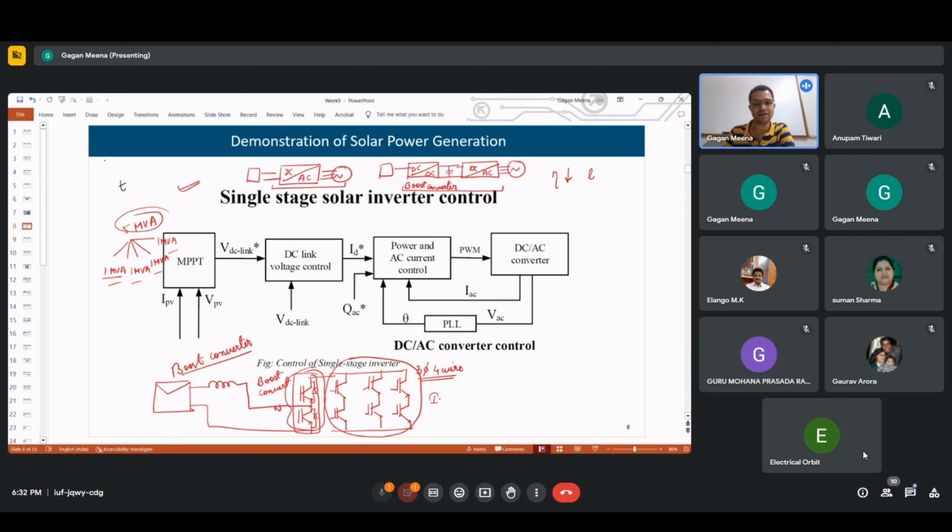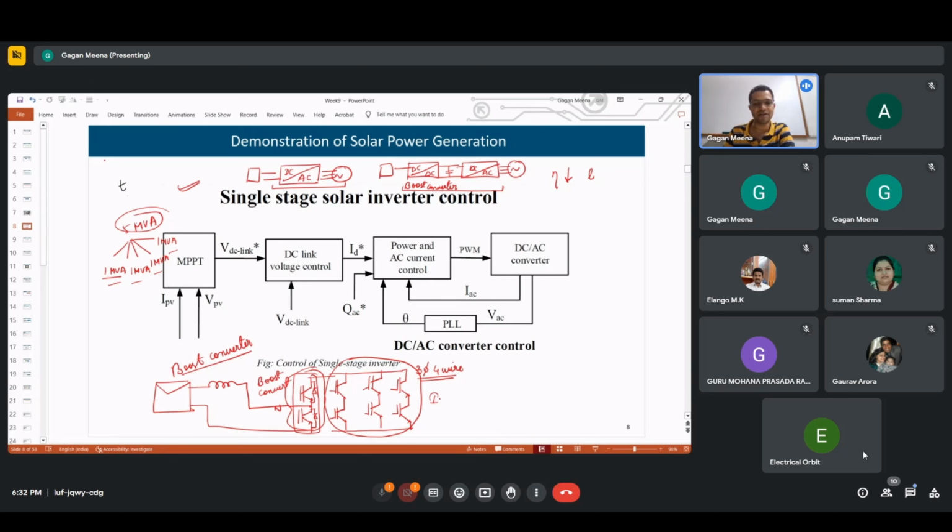Sir, in the previous slide, in bidirectional control, we are using vehicle to grid or vehicle to building. What is the actual meaning? When we are charging our vehicle from the grid, it is grid to vehicle.